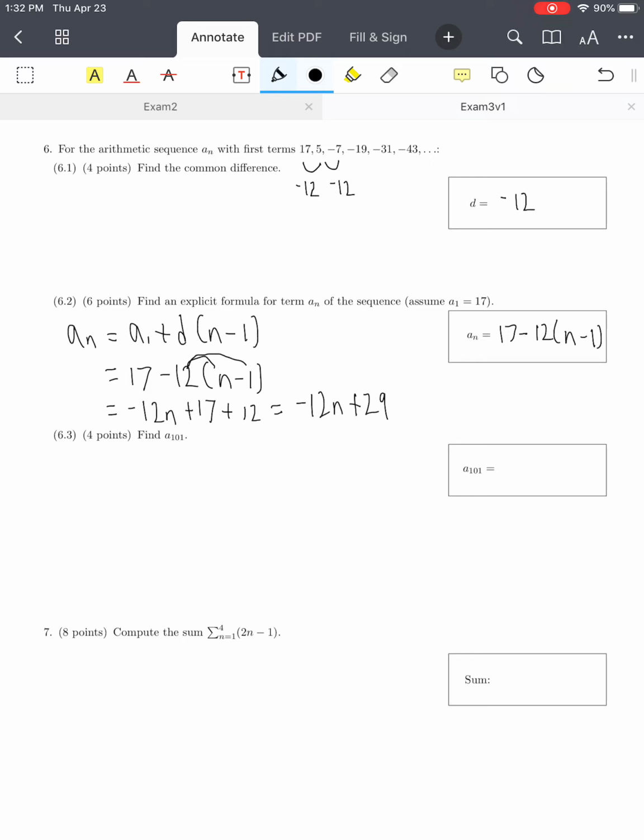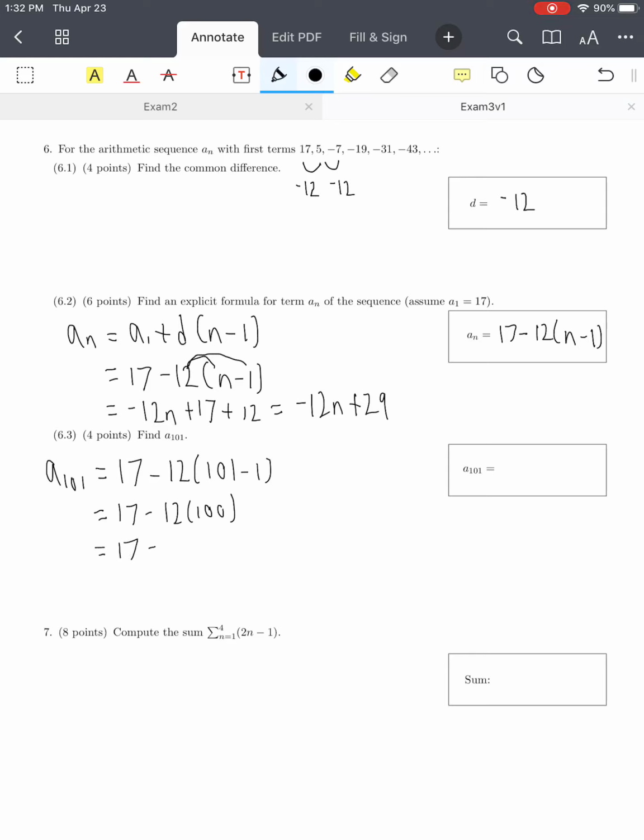So 6.3 says find a sub 101. We already have the formula, so we just plug 101 into it. a sub 101 equals 17 minus 12 times 101 minus 1, or 17 minus 12 times 100.